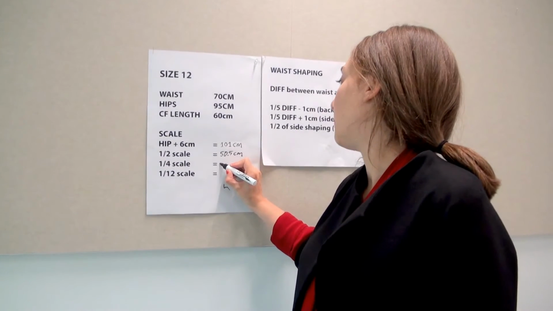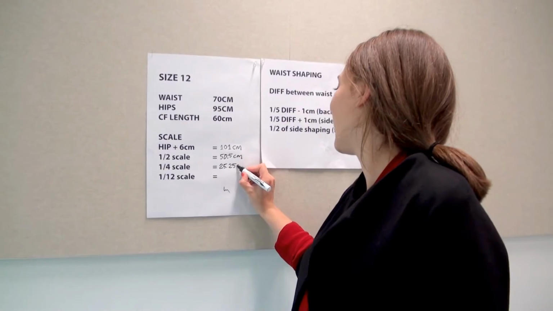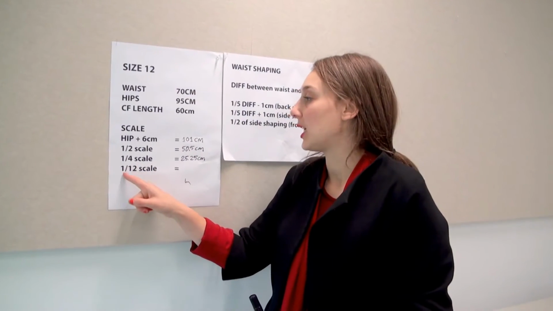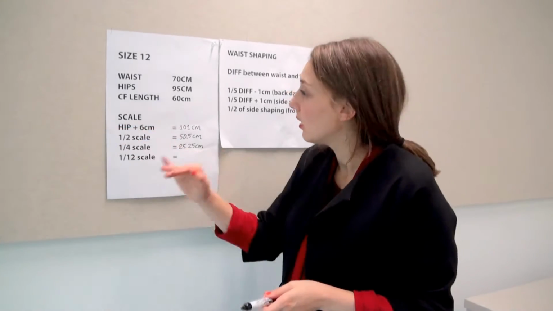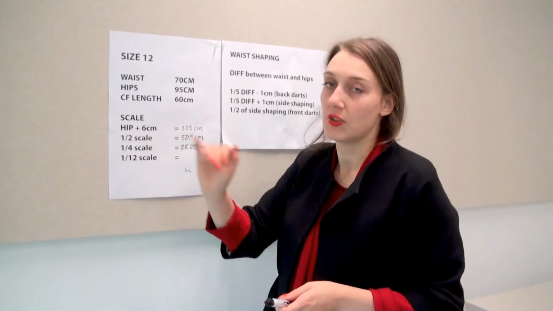Then it asks us for a quarter of the scale. That would be 25.25 centimetres. Now, the last measurement here, which is 1/12 of the scale, you'll probably have to do on your calculator. If you're not confident with maths, you could complete all of the scale measurements using your calculator.